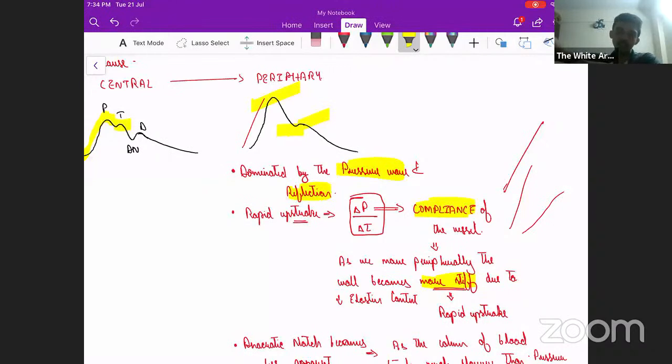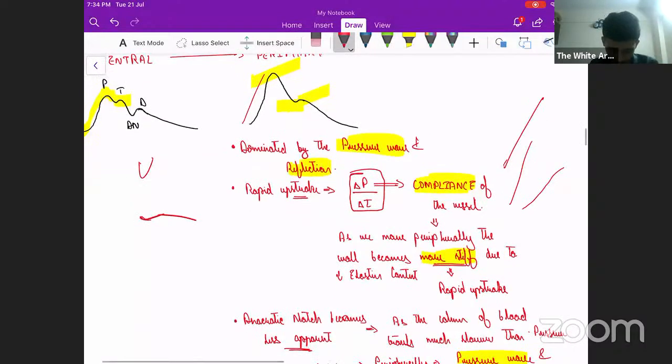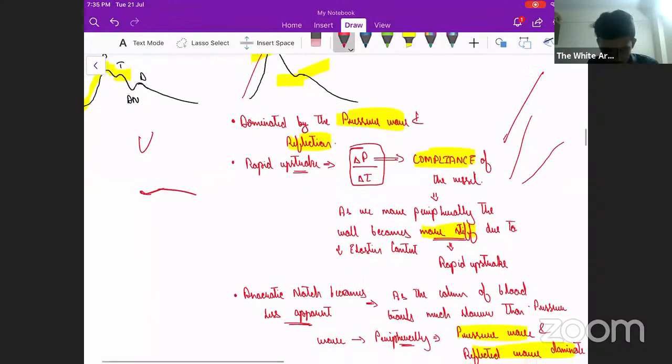You're coming towards the end. So the reflected wave comes back much faster. So this dip in the pressure which we see will not exist. It will get replaced by a smoother notch, and the dicrotic wave comes back faster. That is why we see the anacrotic notch becomes less apparent.